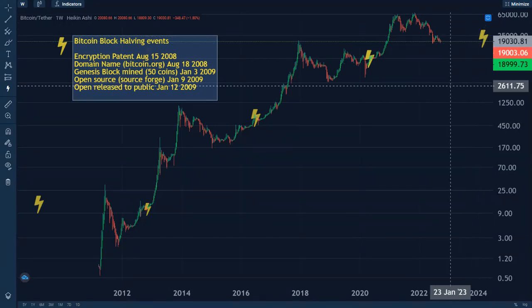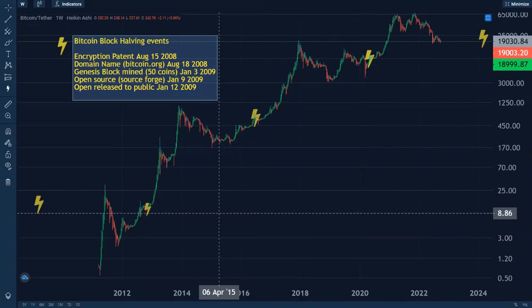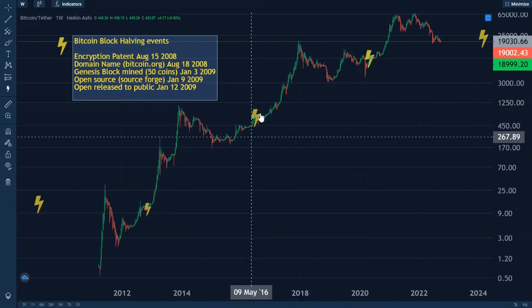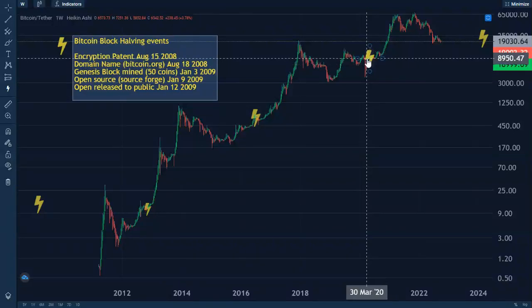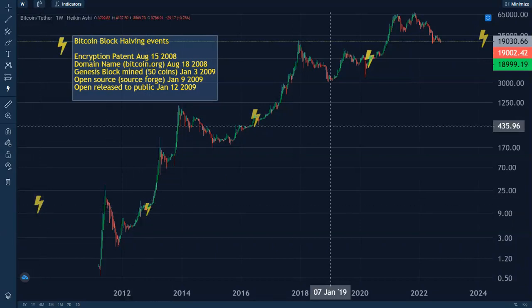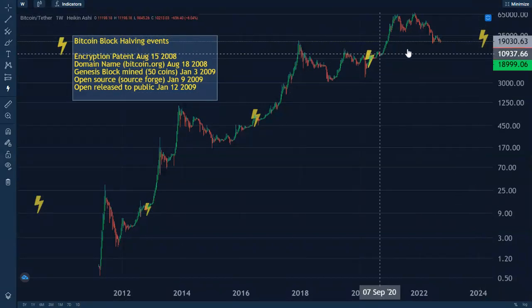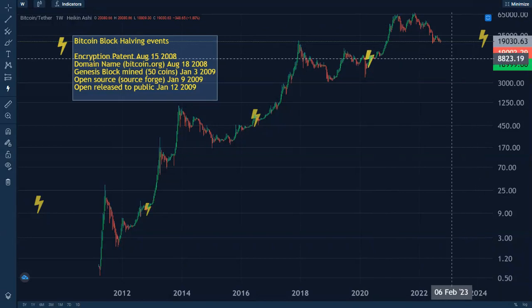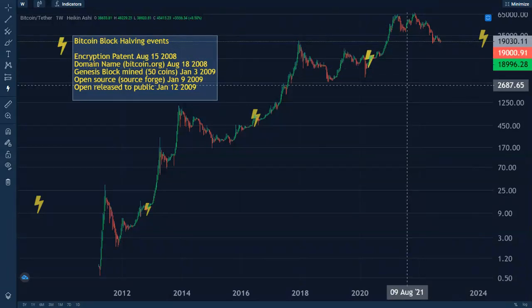So let's take a quick look at each one of these movements in time, and at the end, we will take this one and compare it as well to our current structure. All right, so let's just move forward.